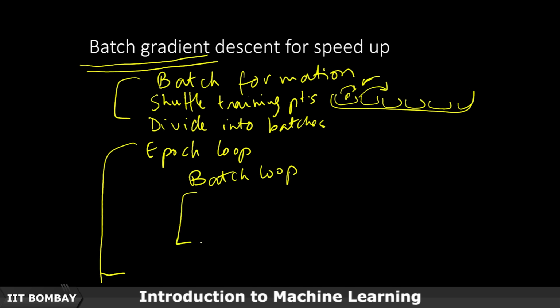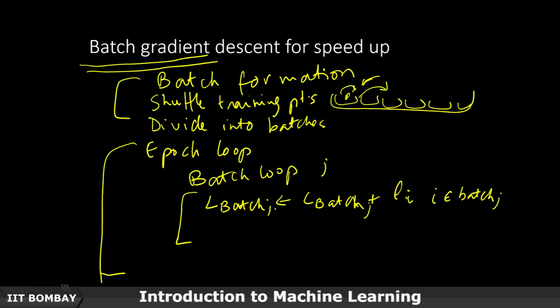In the batch loop we are computing L batch, the sum of Li where i belongs to this batch, let us say batch J, and then we are similarly computing del L batch by del theta, and then we are updating the parameters based on the batch.